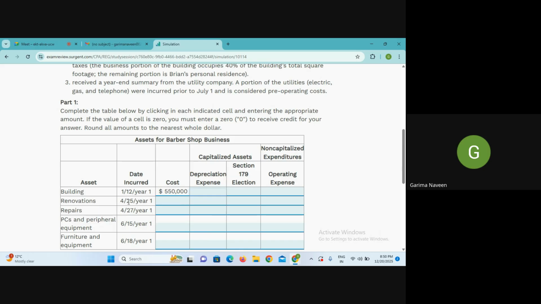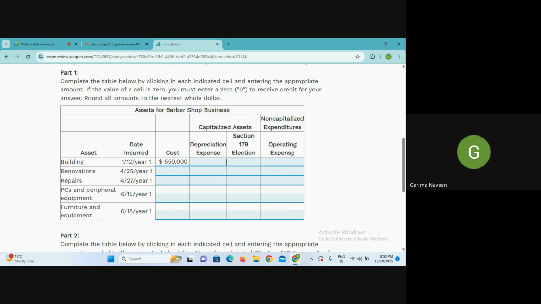Then you have to tell about depreciation expenses, Section 179, and any non-capitalized expenditure or operating expenses. And for 179, we need it for the year one only, right?